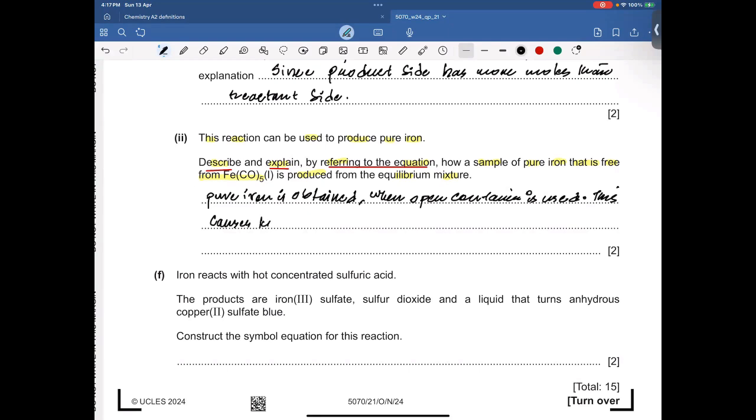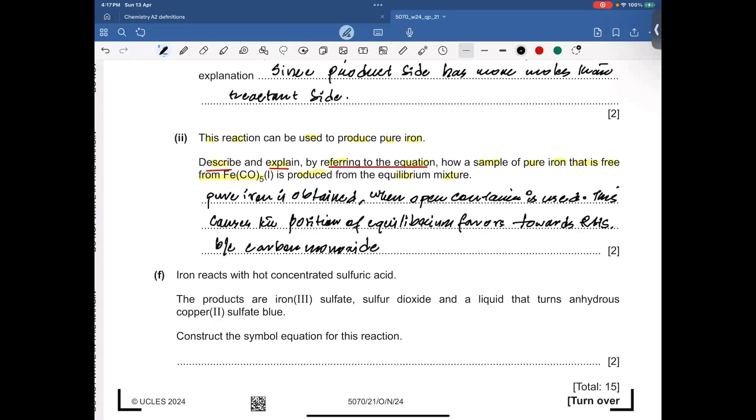This causes the position of equilibrium to favor the right-hand side because carbon monoxide escapes from the open container.